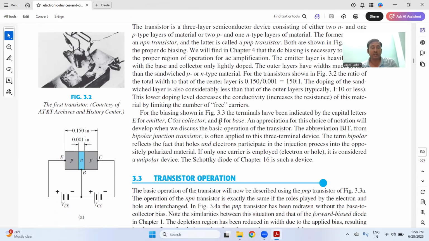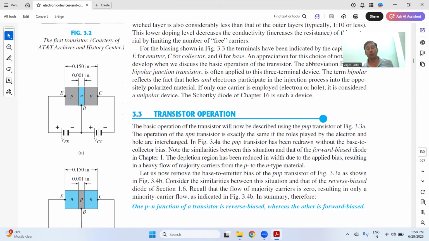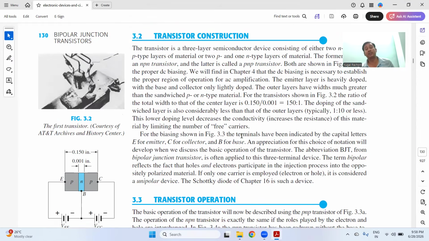This you will understand better when we discuss the working of bipolar junction transistors. If you talk about the doping concentration, the base is lightly doped, the collector is moderately doped, and the emitter is heavily doped.